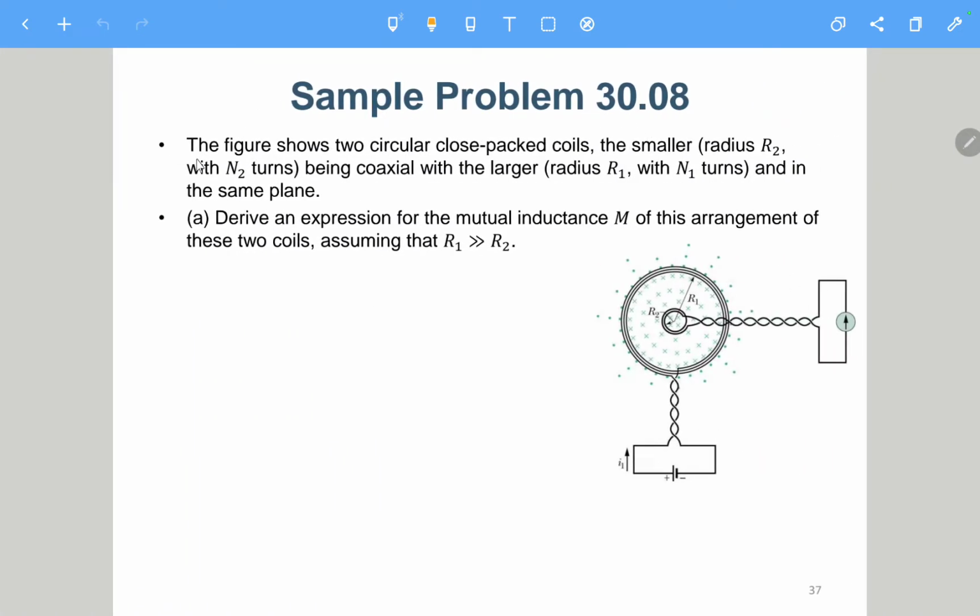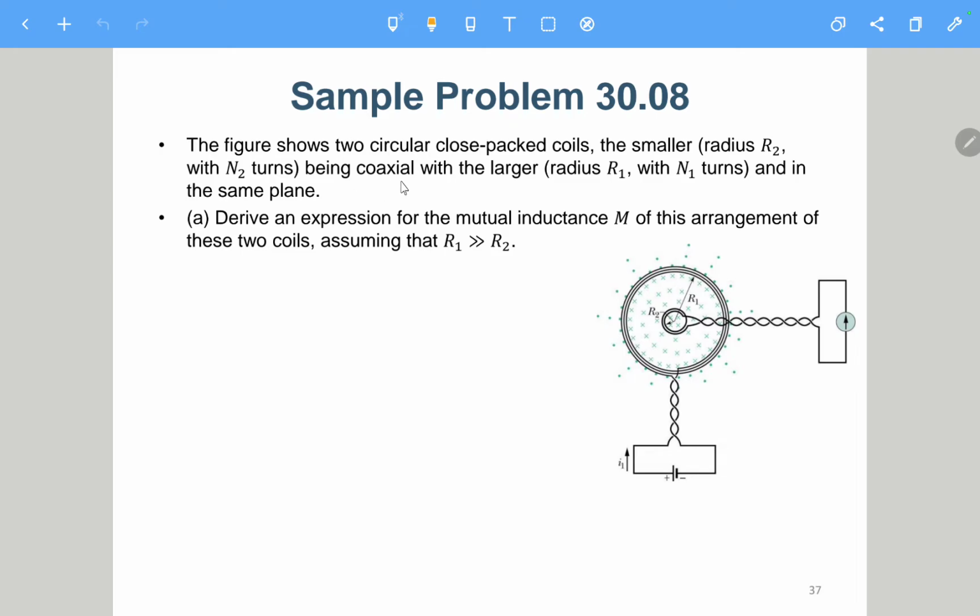It says the figure shows two circular close-packed coils, the smaller of radius R2 with N2 turns, being coaxial with the larger of radius R1 with N1 turns, and in the same plane.